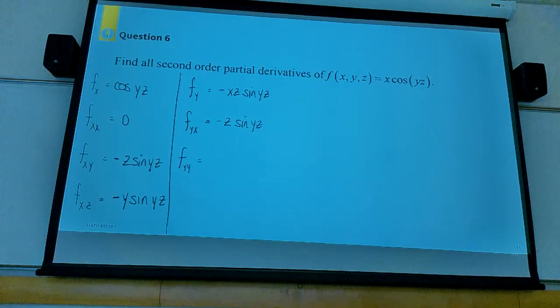Back to the partial with respect to y. Take its partial again with respect to y. Is it negative xz squared cosine yz?